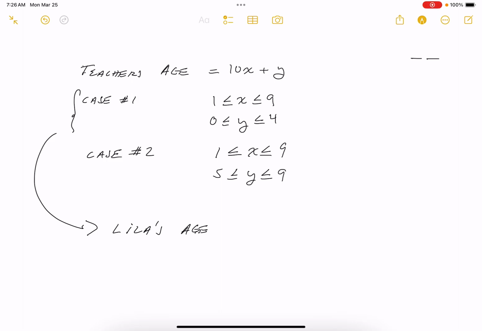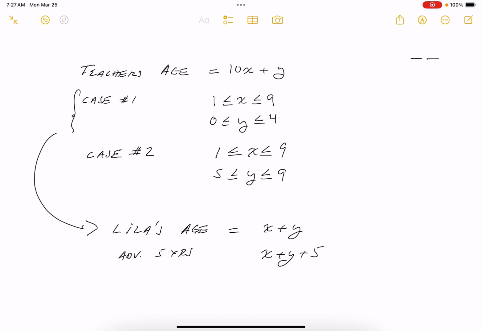What's Lila's age? It's the sum of the digits of her teacher's age, so I'm going to put this over here: x plus y. In 5 years, let's advance 5 years. How old is Lila going to be? x plus y plus 5. She's 5 years older.